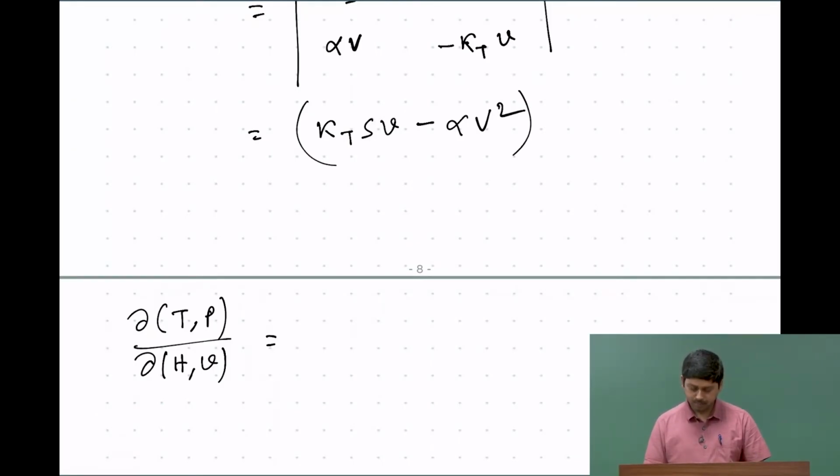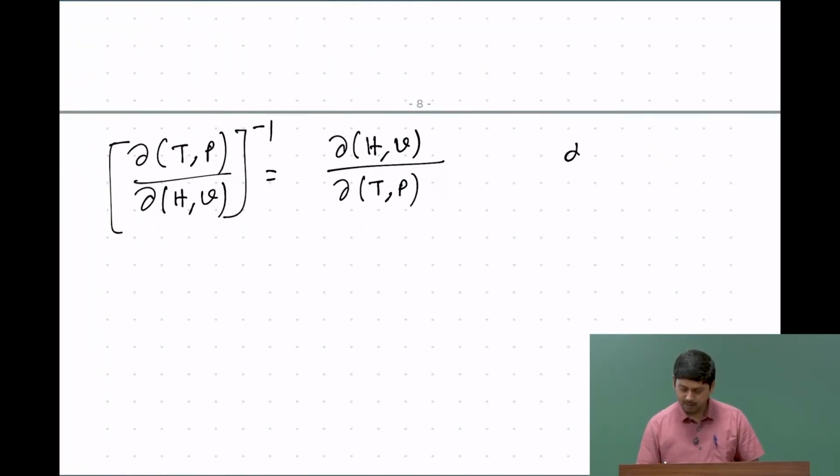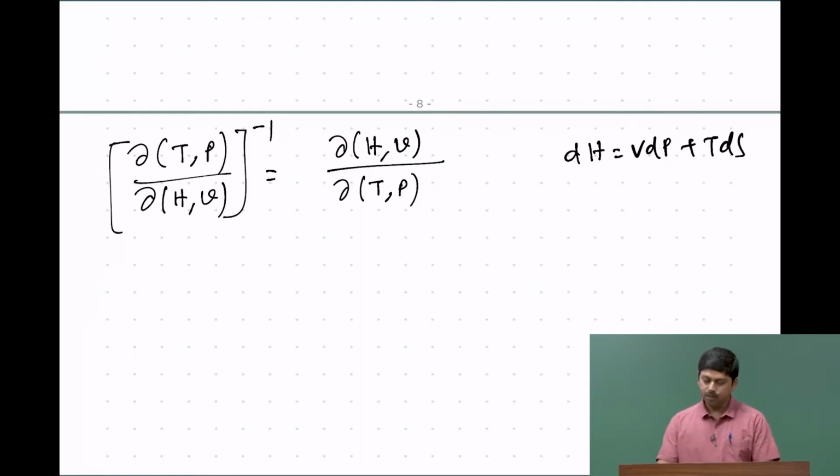So, we are going to do this one H V, or first of all we are going to write the inverse itself as T P, because we are taking inverse because we want H to be in the numerator. Now, for H, what are the variables that are important? As I said, dH is VdP plus TdS. So, both S and P are important, but let us see if with T itself we can get something.